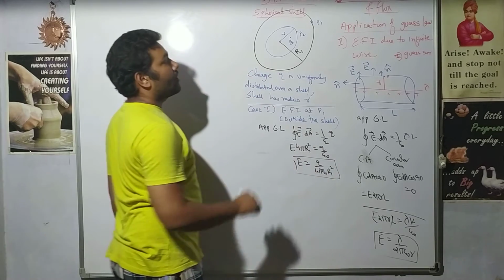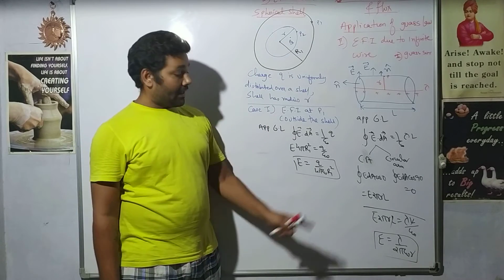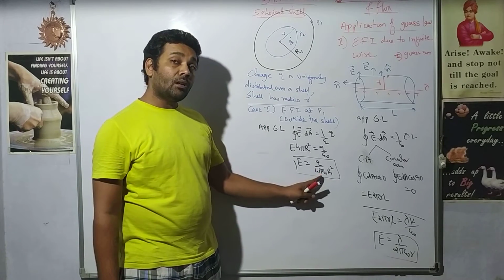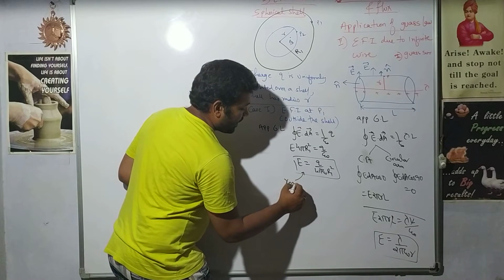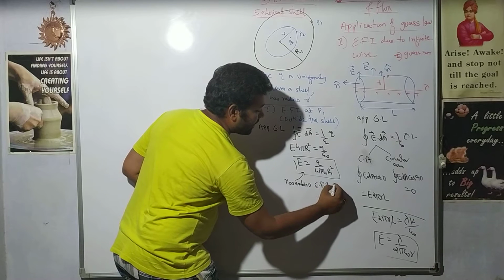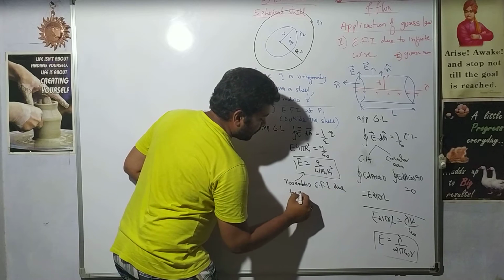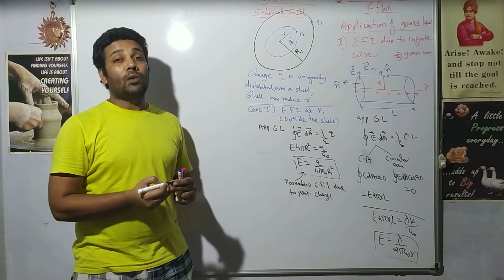So this is the electric field intensity outside the shell. Simple, right? This just resembles the electric field intensity due to a point charge. If you remember, this is electric field intensity due to point charge.